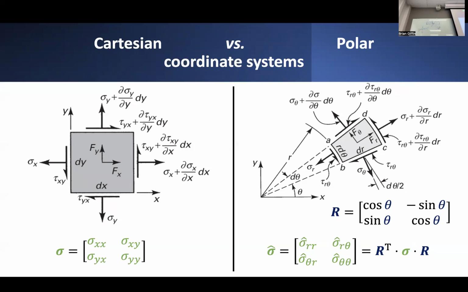Now, we can represent the different components of stress as different components of normal stress acting on these different faces of this rotated block. This normal component of stress acting in the radial direction is precisely this sigma rr component of stress. This circumferential direction of stress component is the sigma theta theta component of stress.